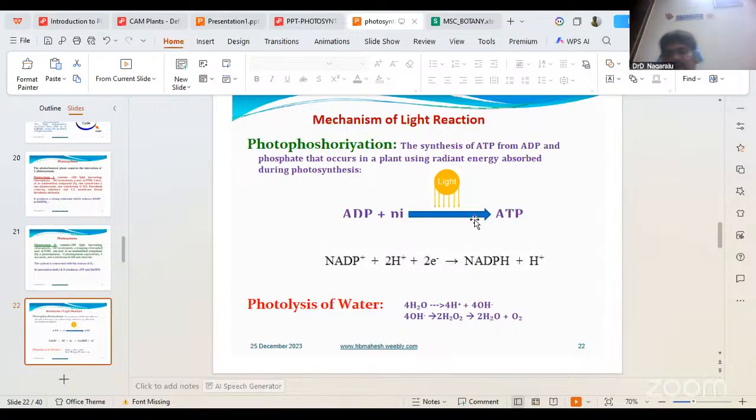That's why phosphorylation, which happens under the light, is photophosphorylation. Oxidative phosphorylation happens in respiration. Photophosphorylation occurs in photosynthesis. Okay, don't confuse photophosphorylation and oxidative phosphorylation.